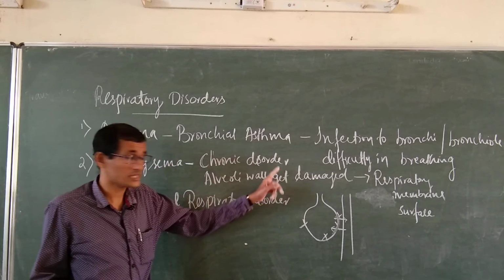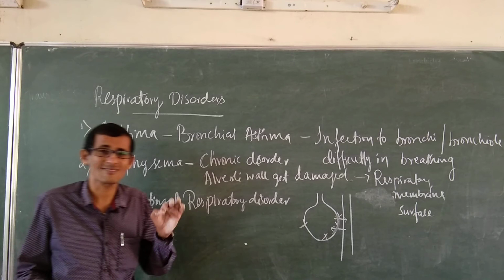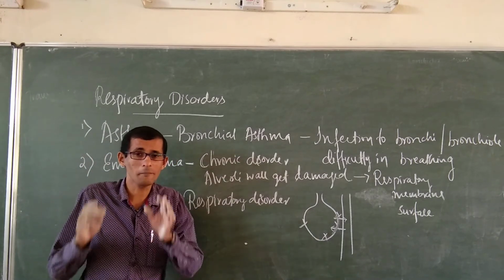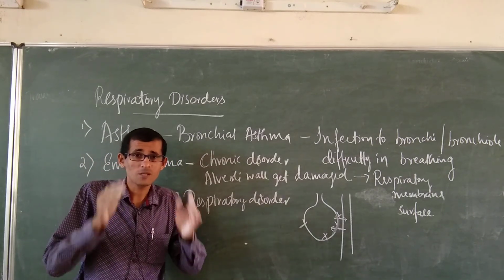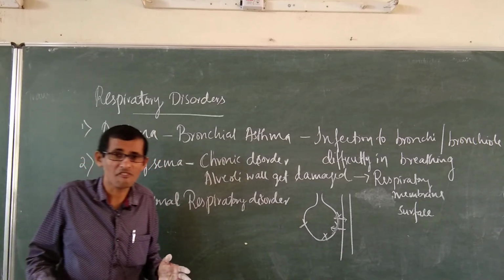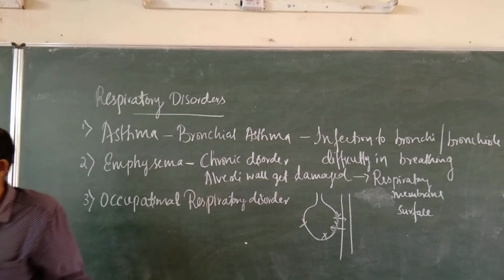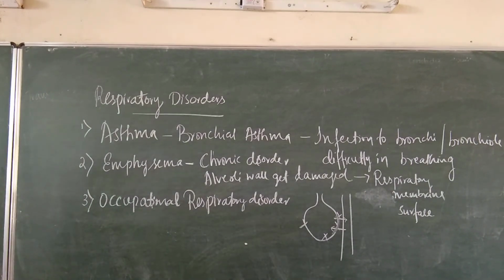The alveolar wall gets damaged and replacement of damaged alveoli is not going to happen. So there is permanent damage to the respiratory surface, and a reduction in the surface area for exchange of gaseous material. That will lead to a lot of problems for that person. So that is emphysema. It takes time; it does not happen in one day.